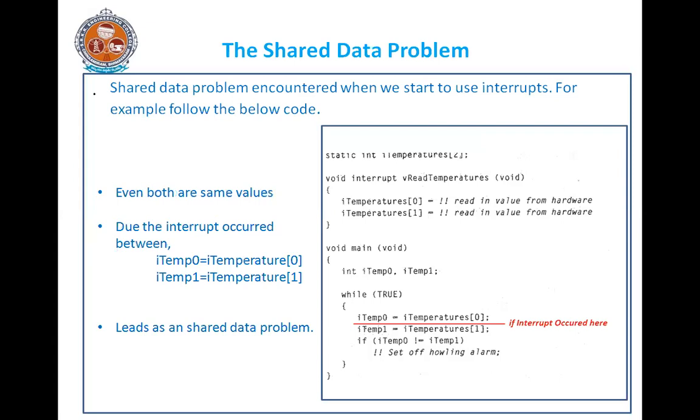Even though both the values are the same, because an interrupt occurred between these two lines, item 0 and item 1, it has led to the problem called the shared data problem.